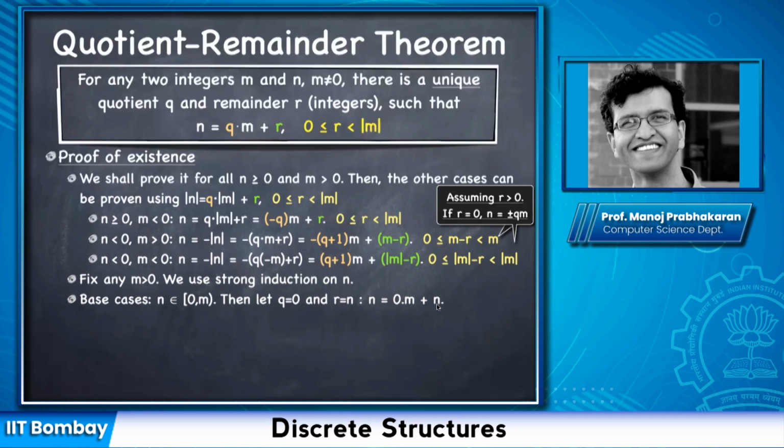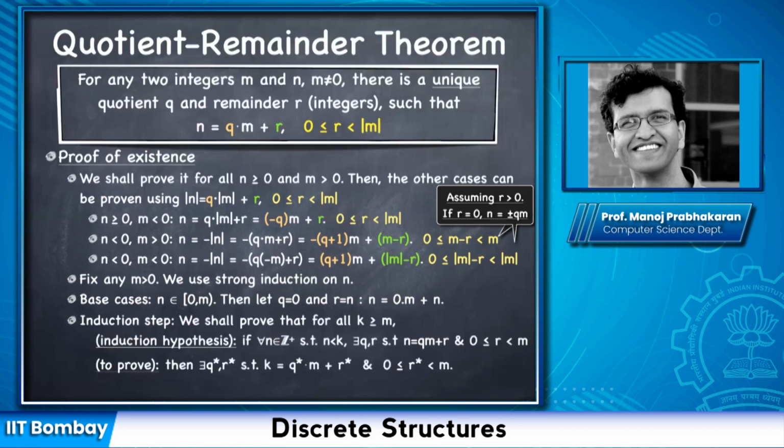How about larger values of n? I'm going to prove this for all k greater than or equal to m. So I'll prove it for k, and my induction hypothesis is that for all n strictly less than k, this holds. So it's a strong induction hypothesis: for all n less than k, the claim holds, namely there is some quotient and remainder with the remainder in the right range.